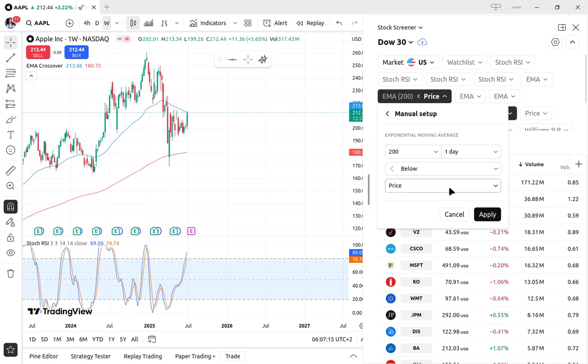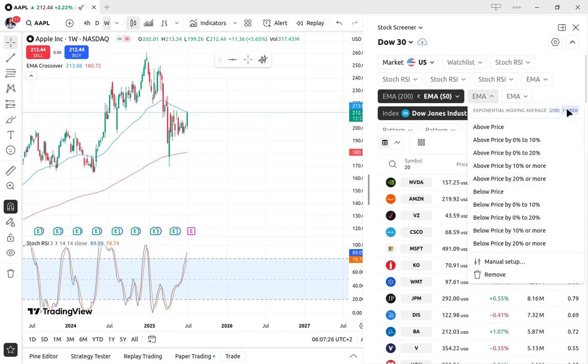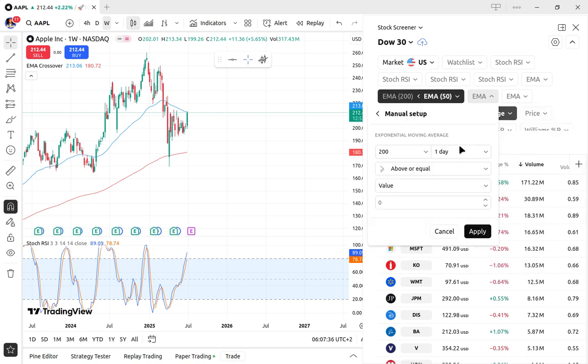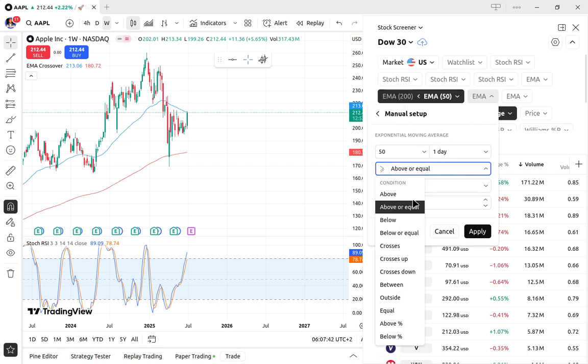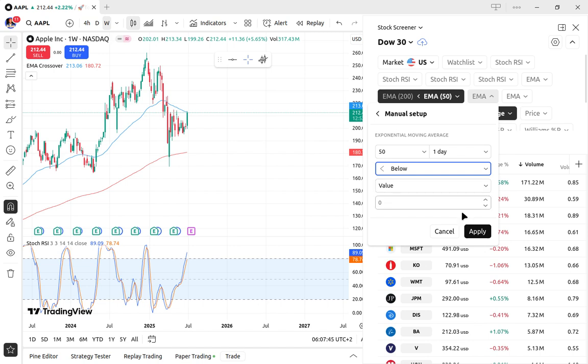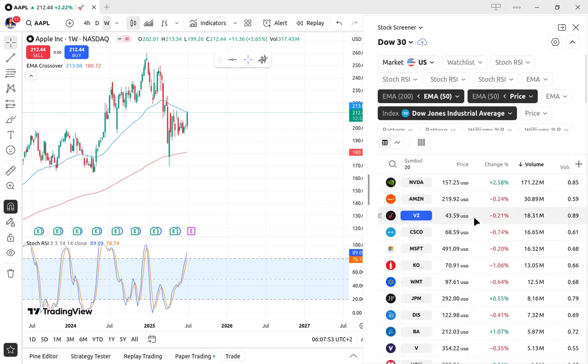I love using these filters because it's faster.